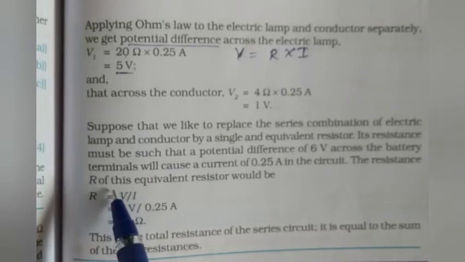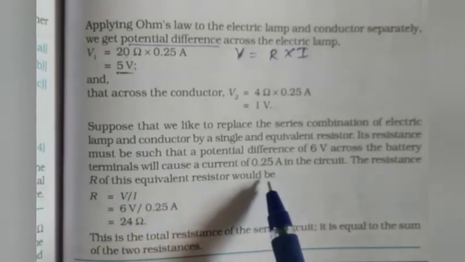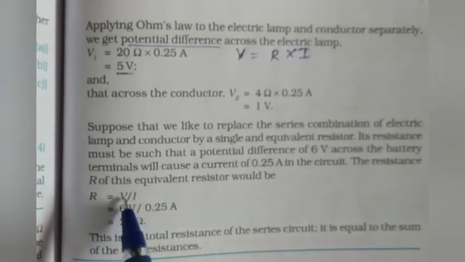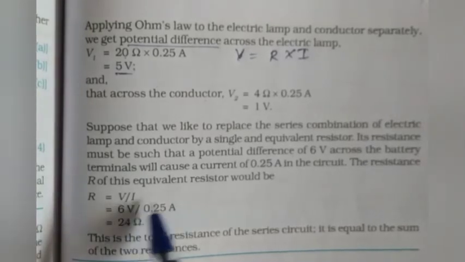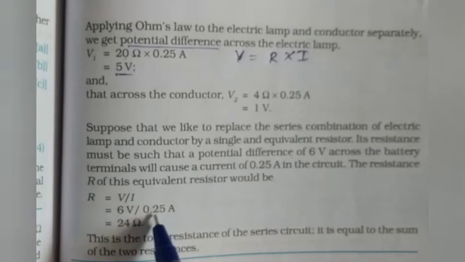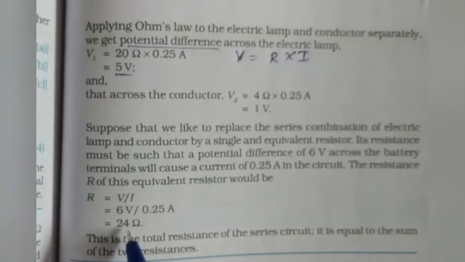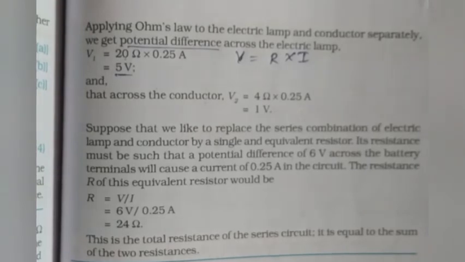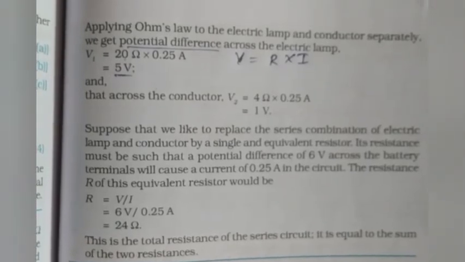The resistance R of this equivalent resistor will be R is equal to V by I. Substituting, R is 6 by 0.25 amperes. It gives 24 ohms.